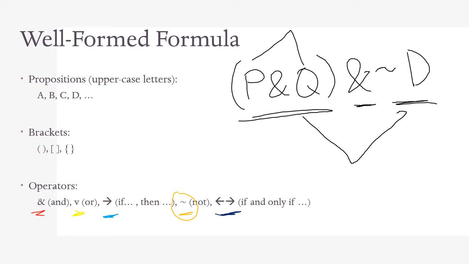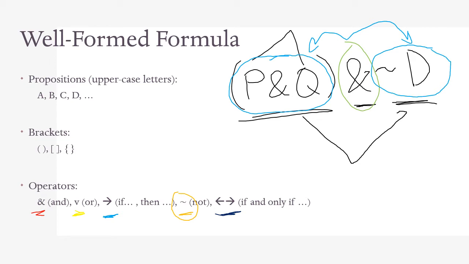Again, we have this operator, and on both sides we have propositions. This whole thing is considered a single proposition, and this whole thing is considered a single proposition. You see how there's a left side and a right side to the ampersand, to this operator. So this becomes one type of well-formed formula in which we'd say, I have pennies and quarters, but I don't have dimes.